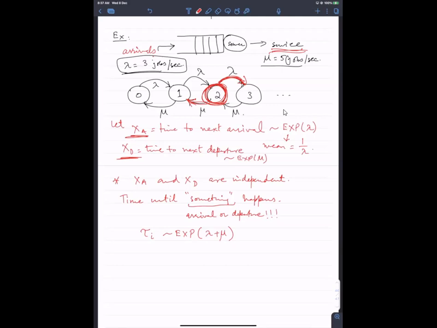The min of these two will put you out of state 2 into some other state, either 3 or 1, depending on whether it was an arrival or a departure. But whichever is the minimum will take me to another state. If it's the minimum, then the holding time will still be exponential with lambda plus mu.